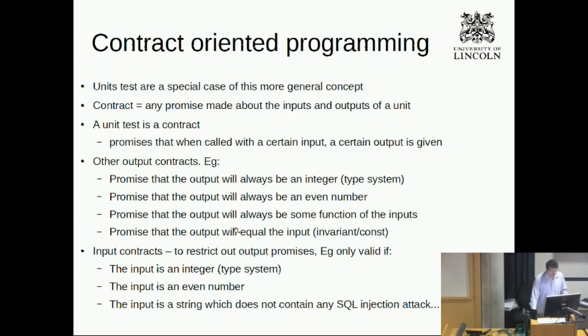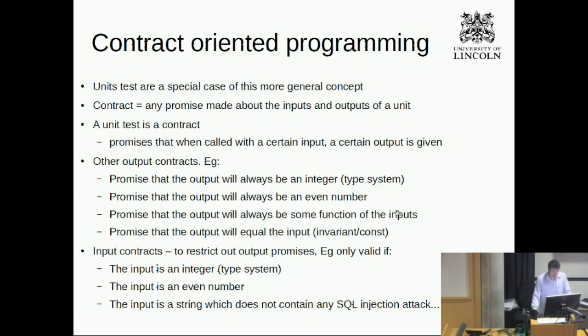Let's consider other things we could promise about both the inputs and the outputs. Okay? If you're using a language that has types, a strongly typed language, this will often enforce type promises. So for example, you can promise that the output of your function will always be an integer or a float. Okay, this does not happen in a language like Python, where you can chuck anything in and out.